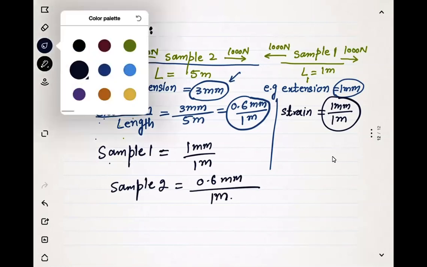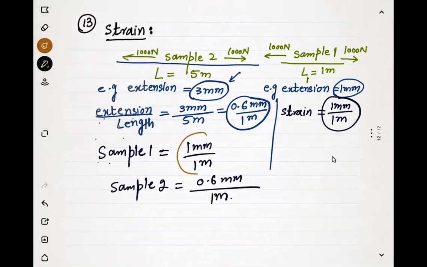Now you should observe which of the two samples extends more. One of them is 1 millimeter for every 1 meter. The second one is 0.6 millimeter for every 1 meter, which shows that the second sample extends less and the first sample extends more.